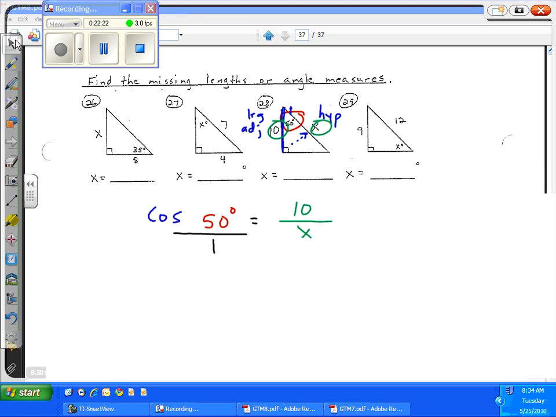Now, when the x is in the denominator, then we'll write that as a fraction and cross multiply, create a proportion. So we're going to have cosine 50 degrees is equal to 1 times 10, which is 10. I'm sorry, cosine 50x. Let me back up.